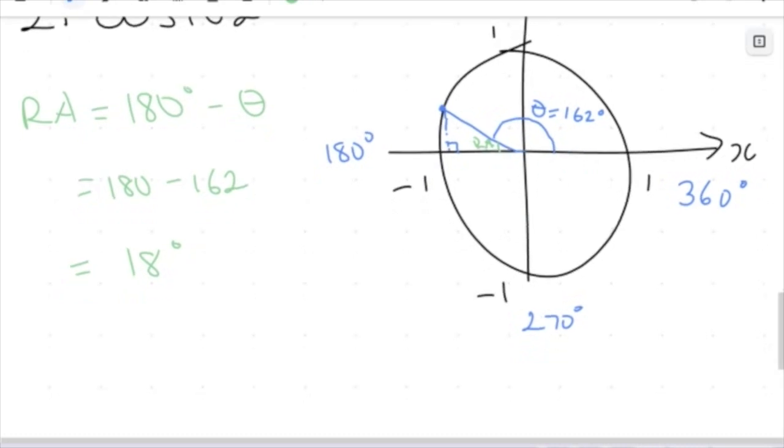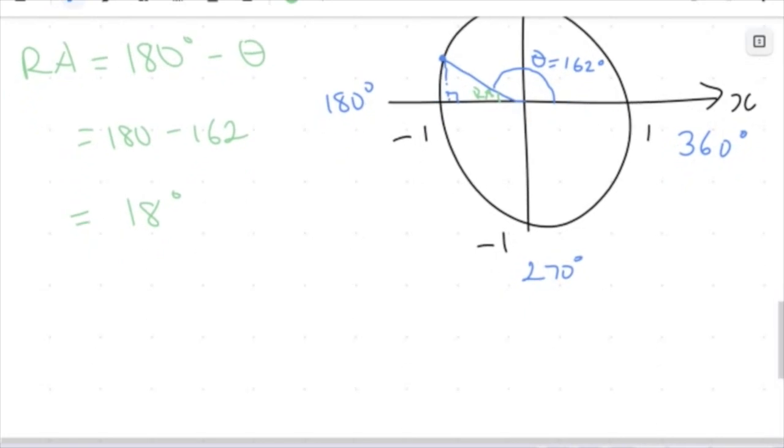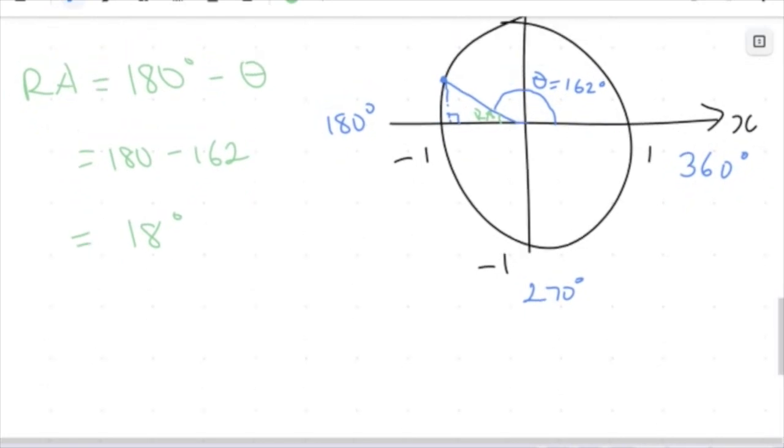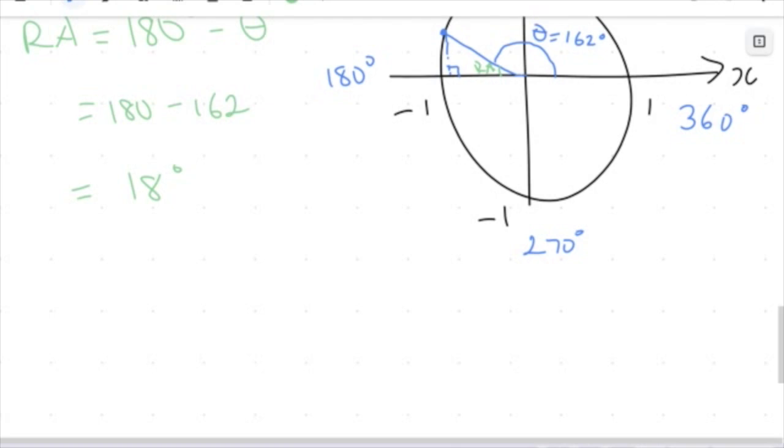So now we have found an angle to relate this thing in the second quadrant back to what we know about trigonometry in the first quadrant. So here I can now say my cos of 162 degrees is going to be equal to cos of 18 degrees.